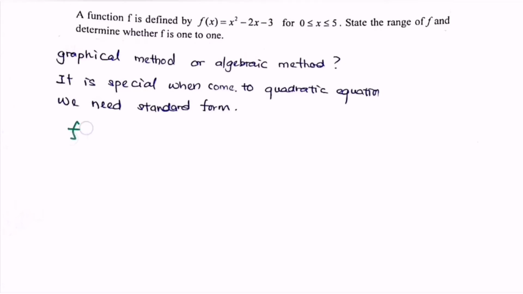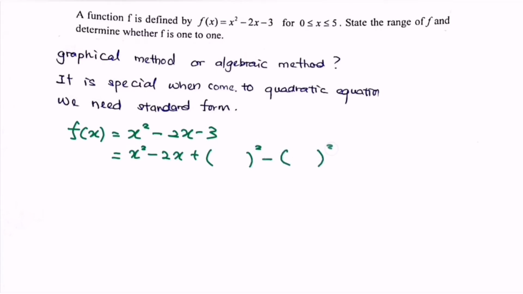So here we have f(x) = x squared minus 2x minus 3. Kindly complete the square, so make sure the coefficient for x squared is 1. Here we have x squared minus 2x plus bracket square minus bracket square minus 3. Kindly focus on the negative 2x, so divide it by 2: negative 2 over 2.